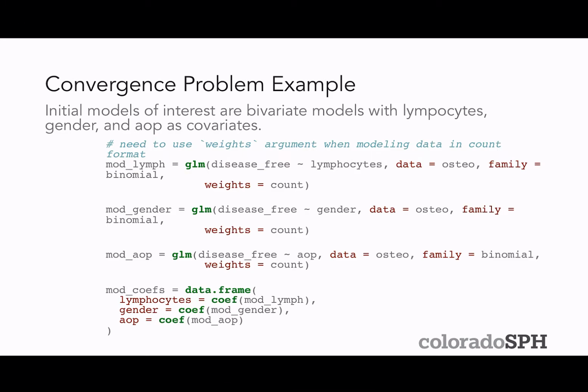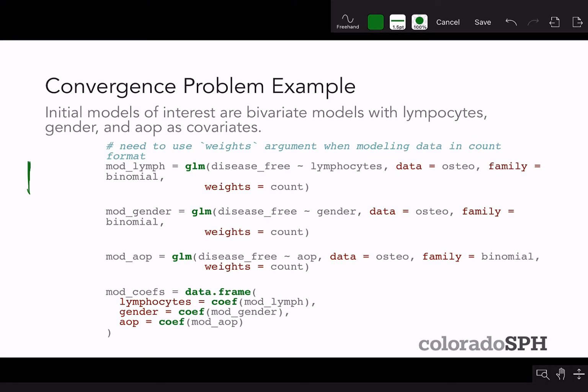Initially, the investigators are interested in a couple of different models that just look at one covariate each: one with lymphocytes as the main covariate, one with gender, and one with AOP. We're going to run each of these models. The way I'm specifying the GLM statement here is different from what you've seen before. I just run the outcome against the covariate of interest, but I also use the argument weights equal count.